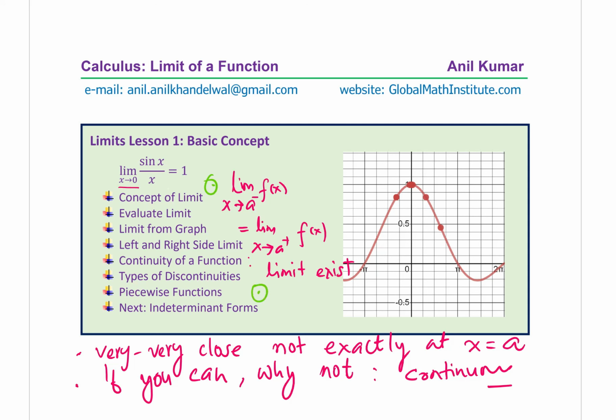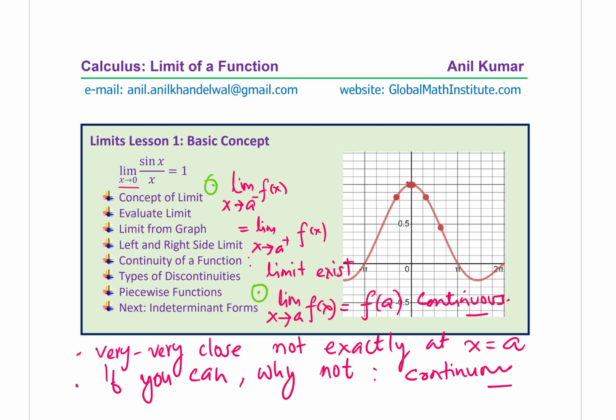Second thing, if the limit when x approaches a for a function is equal to the value of the function, which is f of a, then the function is continuous. Is that clear to you? Now, if you just keep these two things in mind, you are very well off.